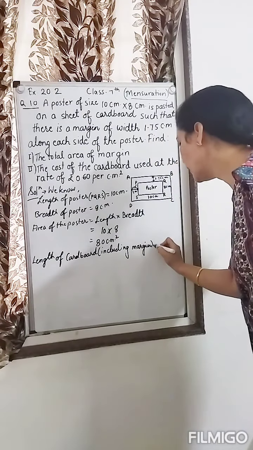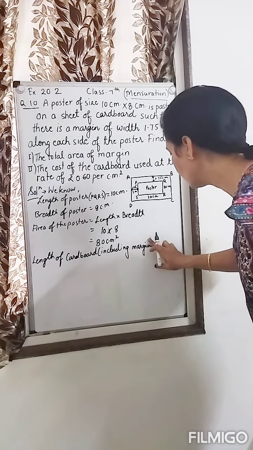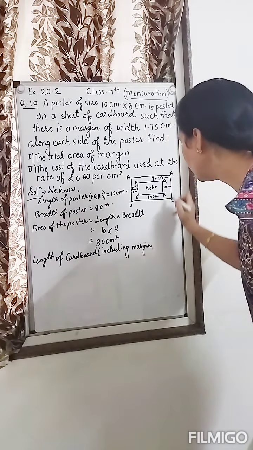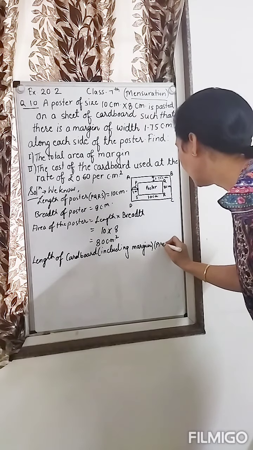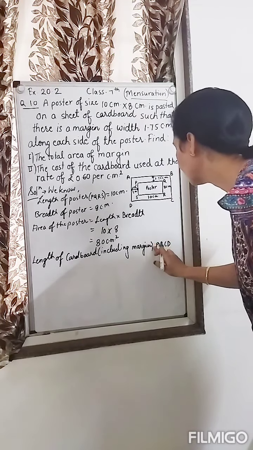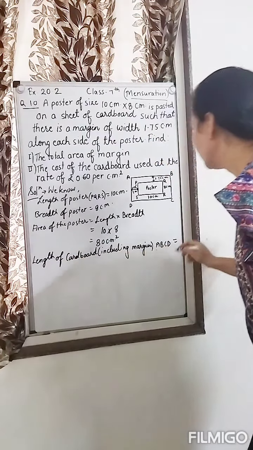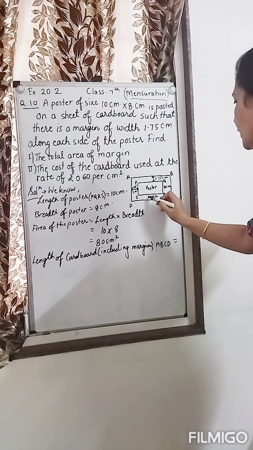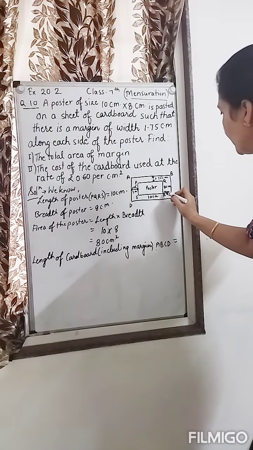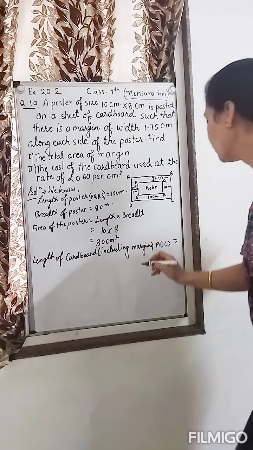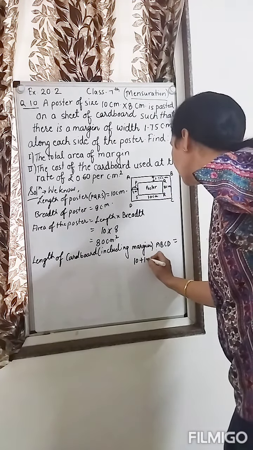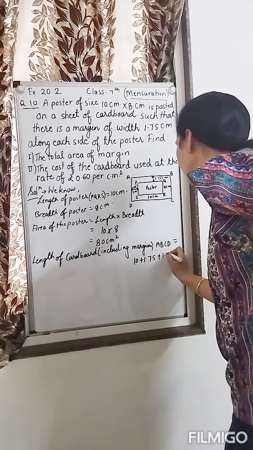So including margin, or you can write here also ABCD. Length of cardboard ABCD. So length will be, here there is a 10 plus 1.75 plus 1.75. So it will be 10 plus 1.75 plus 1.75.